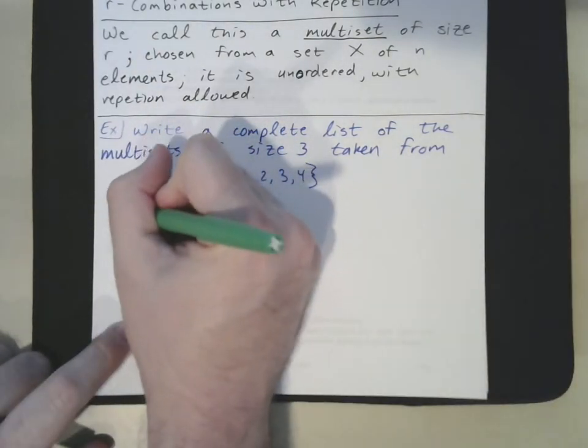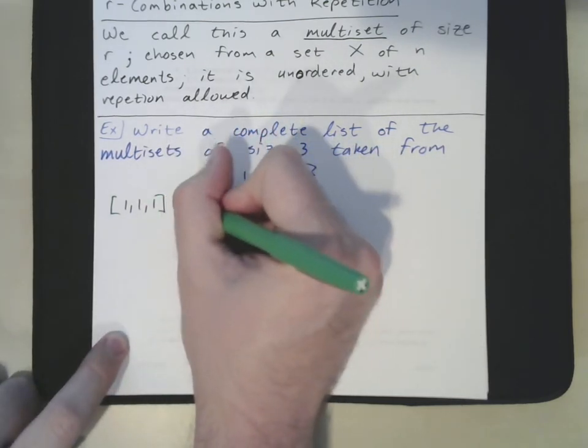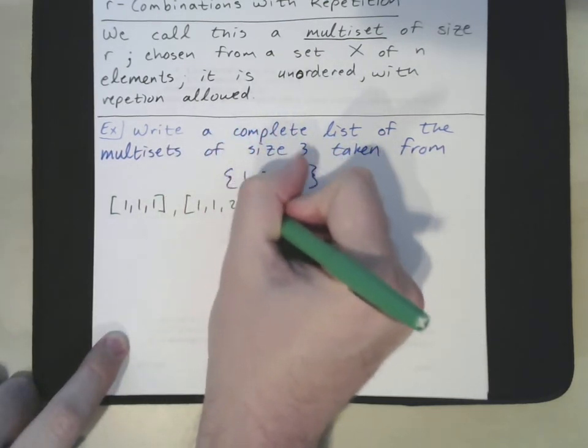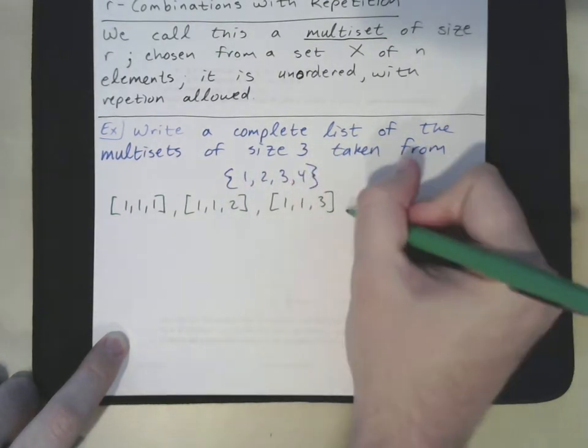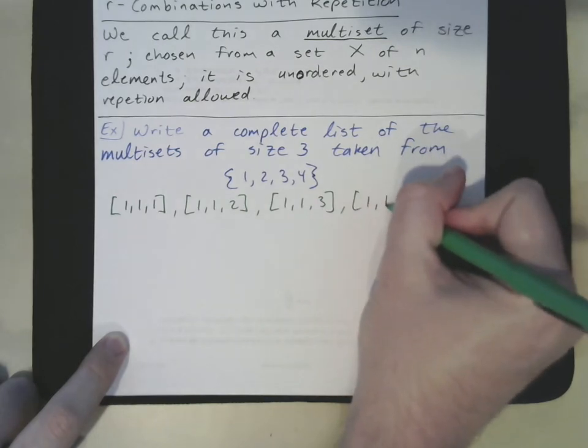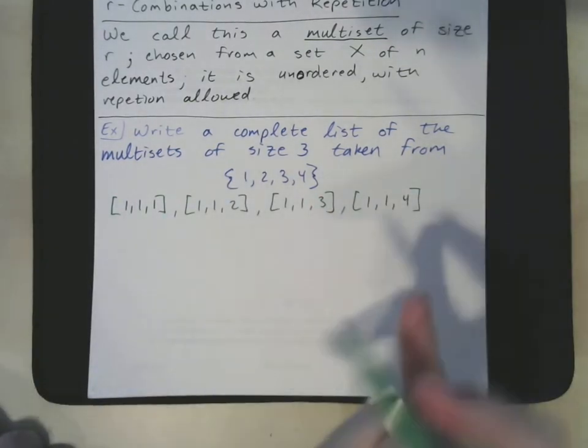So the first set, we can have 1, 1, 1. We can have 1, 1, 2. We can have 1, 1, 3. We can have 1, 1, 4. Now, you'll notice I'm doing something very specific.